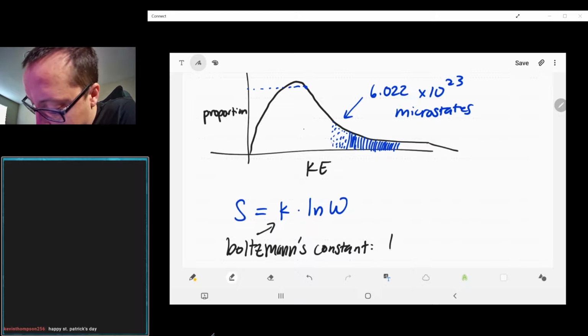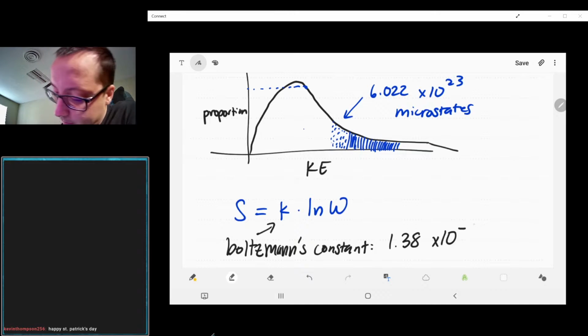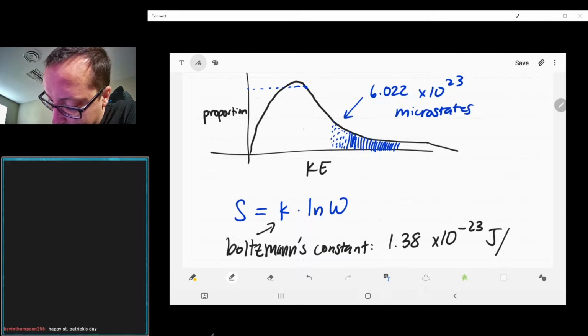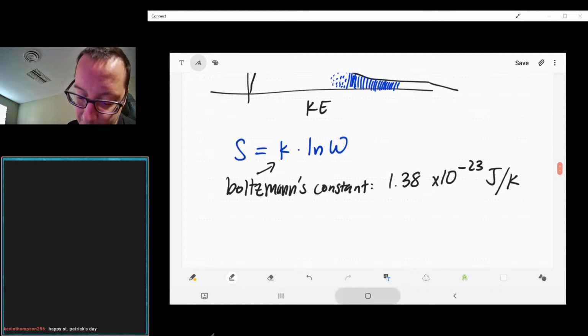Okay, 1.38 times 10 to the negative 23 joules per Kelvin. Notice that this, of course, will take the same unit as entropy, because if you do a natural log of something, there will be no units. So, of course, it should be the same unit as entropy. And W is the number of microstates.